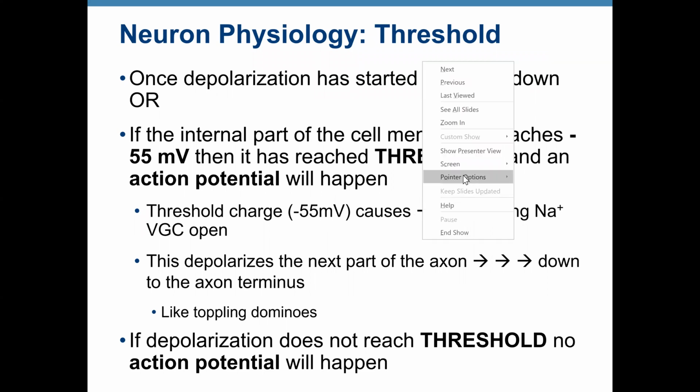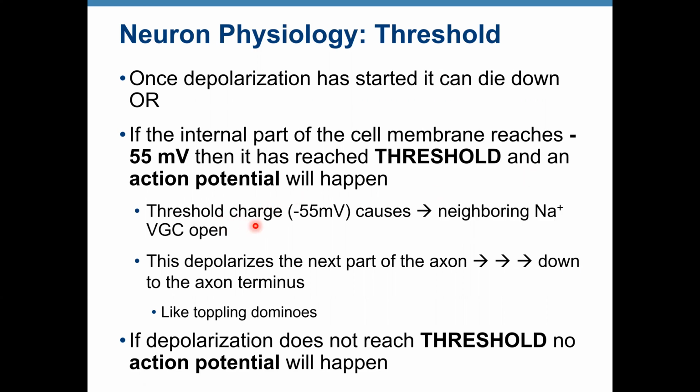Let me pick up my pointer again. So threshold charge of minus 55 causes neighboring voltage gated sodium channels to open. And this brings so much sodium in. Then we have generation of the action potential, and this will continue along the axon all the way down to your central nervous system.